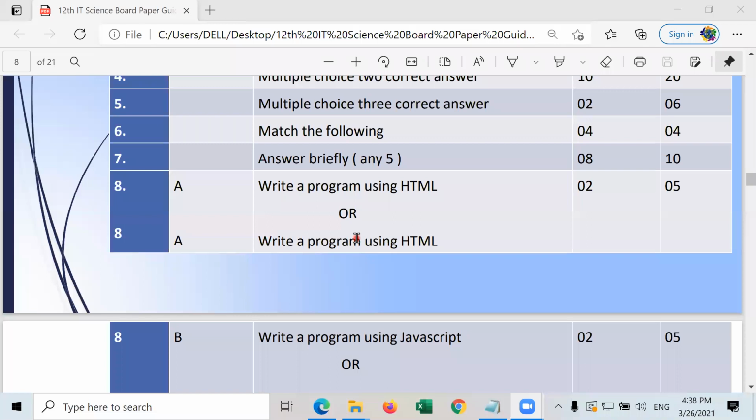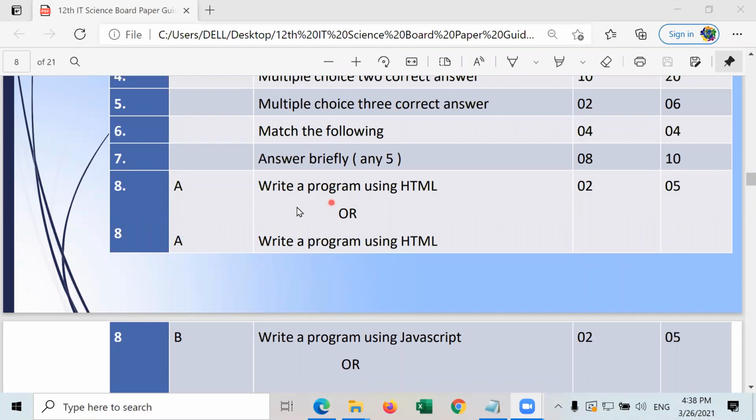All you have to do is type the HTML program. You cannot test it. You cannot check whether the program which you have written is correct or not. So remember, you have to be very particular and very accurate while typing this program.